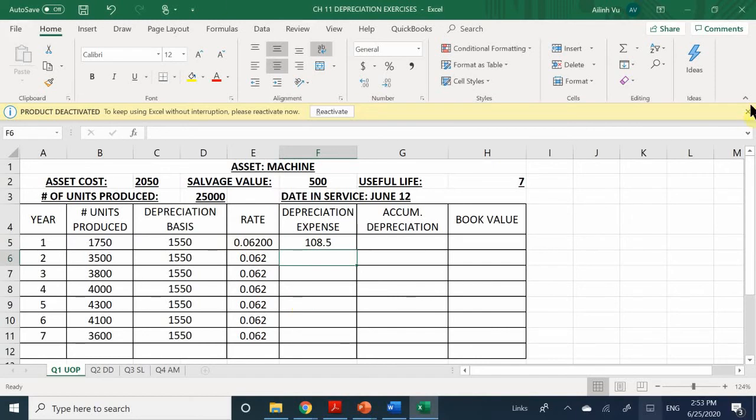Oh, 1.085. 1.085? I've got 1.085. How'd you get 1 point? Because you're multiplying 6% from 1,000. How is that 1? I think it's where I have my decimal point.